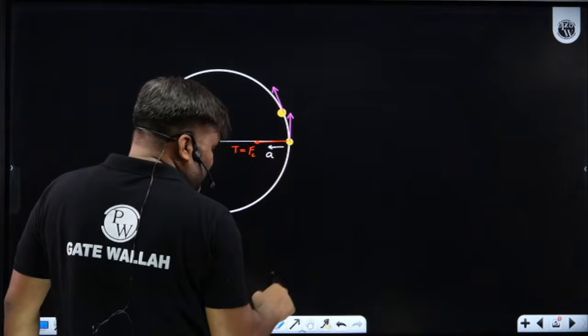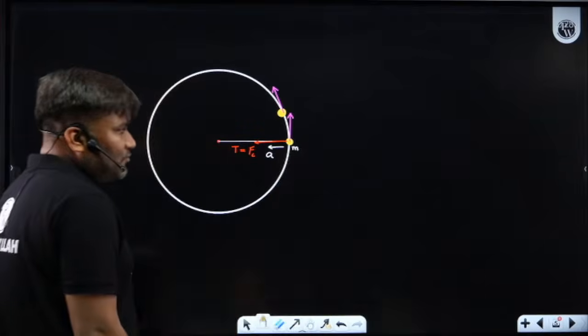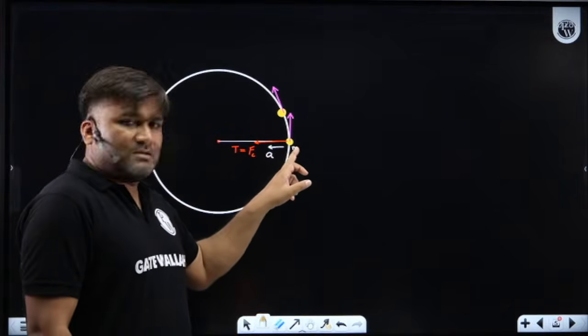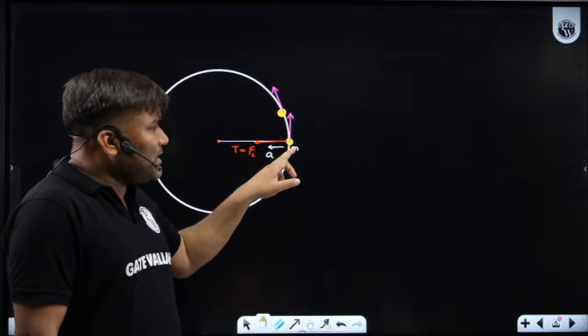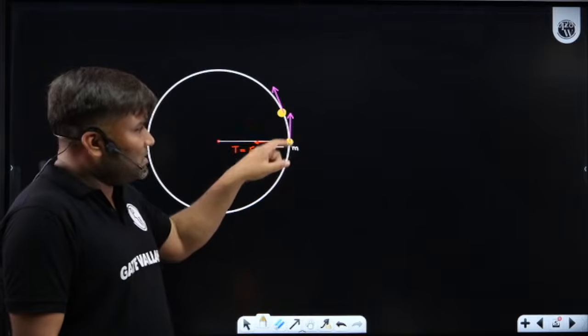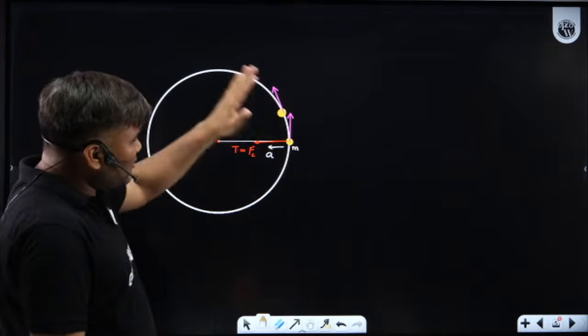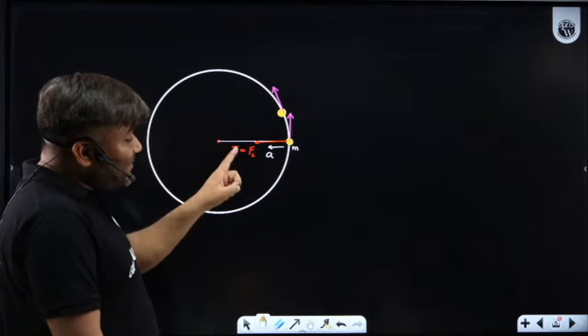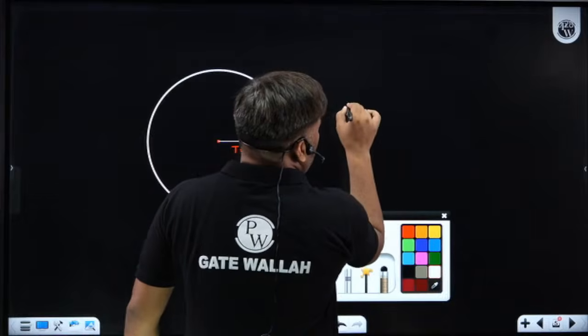Because of this force on the mass m body, there is an acceleration which changes the velocity direction. This is how circular motion is happening. We call this centripetal force the active force.